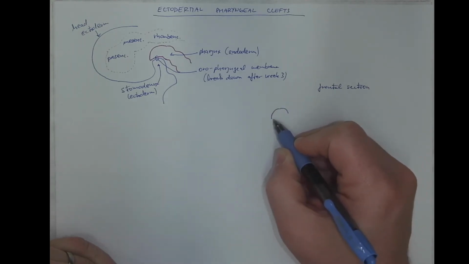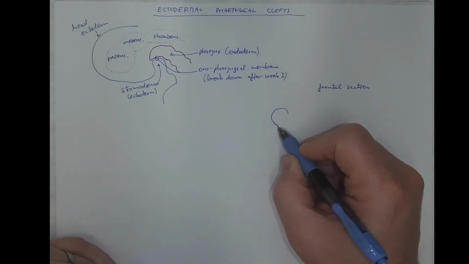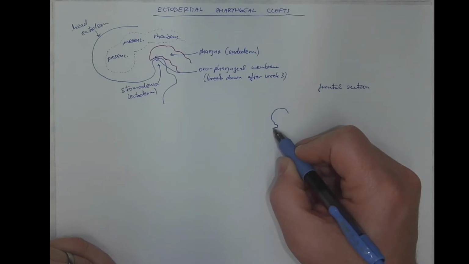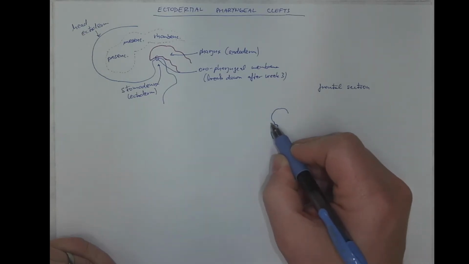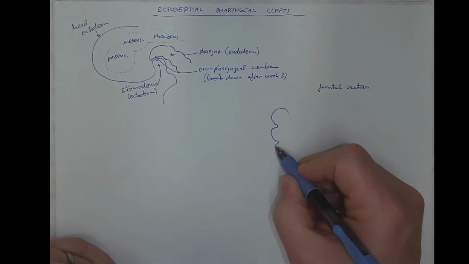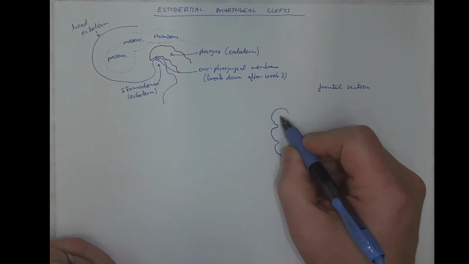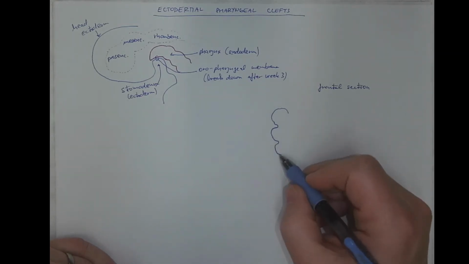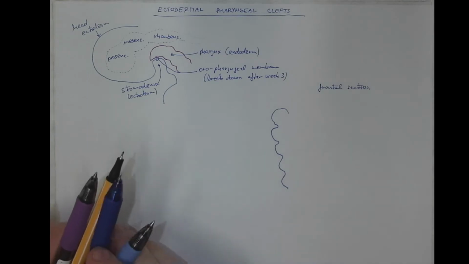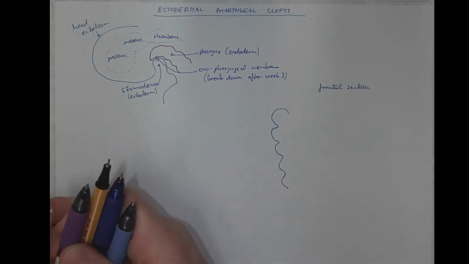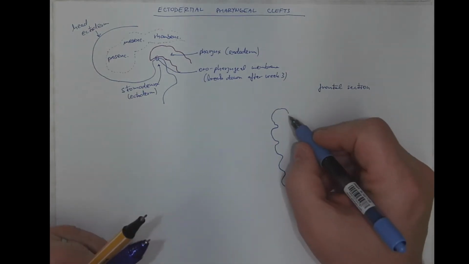So there will be a series of arches that are separated from the other arches by invaginating ectoderm. So this is the arch number 1, 2, 3, 4, and 6. The fifth arch is not distinguishable in human embryos.